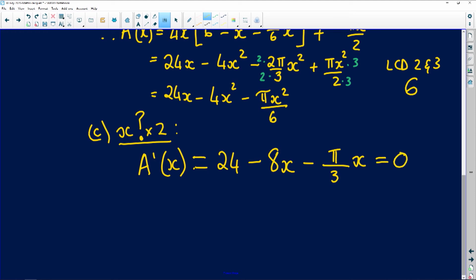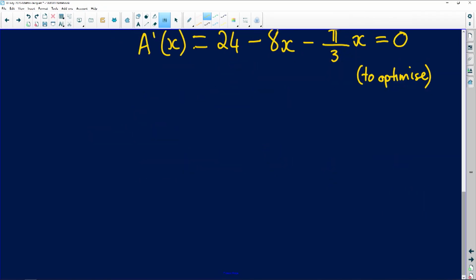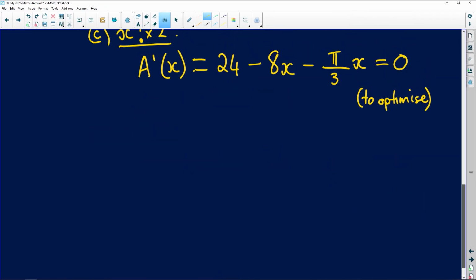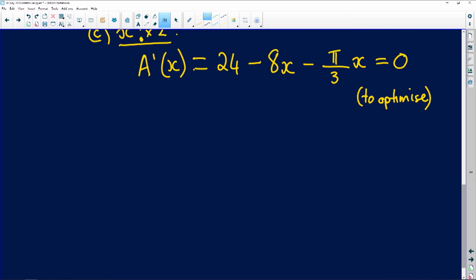That is equal to 0. Why is it equal to 0? Because we are optimizing. To optimize this, we take the area derivative and we solve it equal to 0. Okay, let's have a look. If I now multiply, let's see. No, let's just get the x by itself. It's going to go quicker.